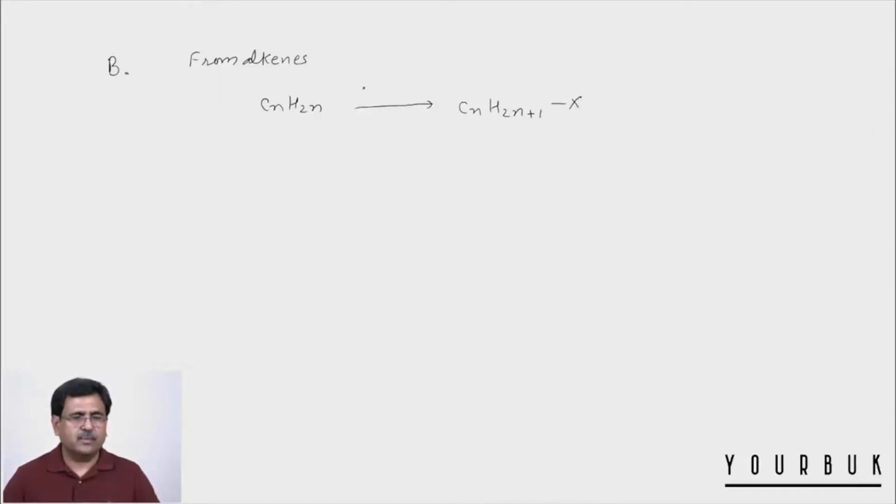It means we have to add one hydrogen and one halogen to alkenes, and this addition of hydrogen and halogen to alkene is known as hydrohalogenation. So this reaction is called hydrohalogenation, addition of hydrogen and halogen.